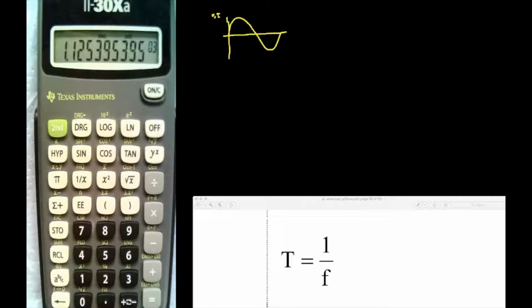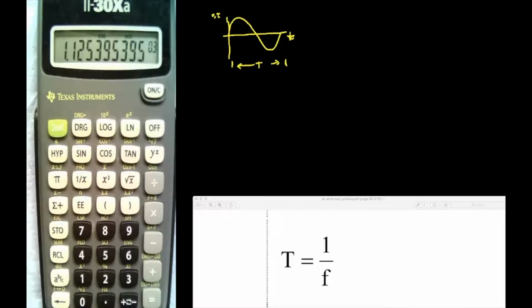But along here, it will always be time, or small t for time. Now, a period, one period, is one cycle, and that is capital T. The time taken in seconds for one cycle. And the frequency is in hertz.